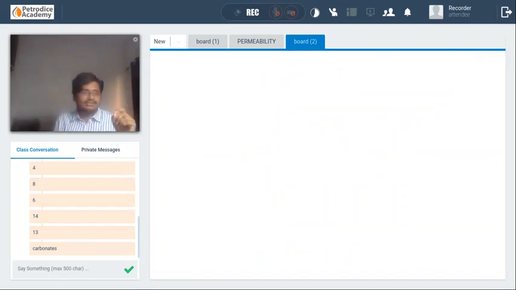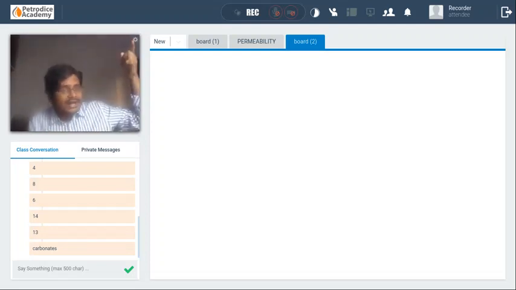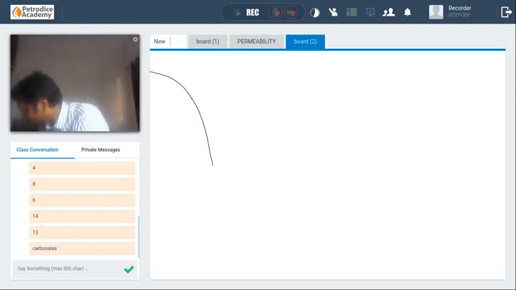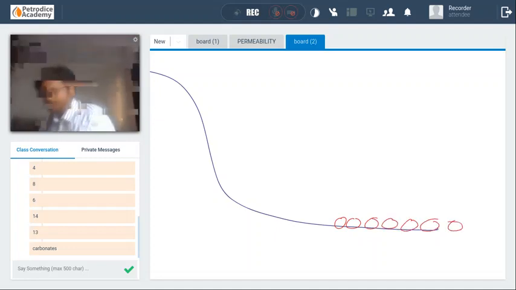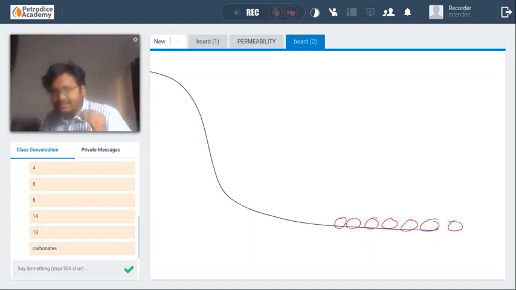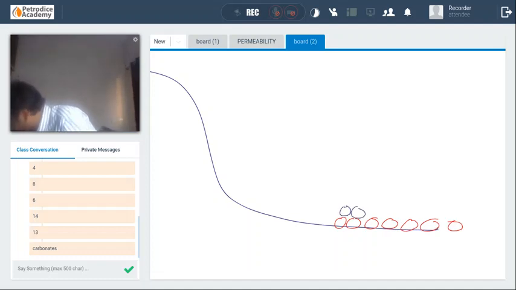See, as we have already discussed, any particular rock system is formed by transportation of the sand grains from the high region to the low region. Once these sand grains have been deposited at the low region, sedimentation occurs. That means more and more rock grains will accumulate on top of each other.